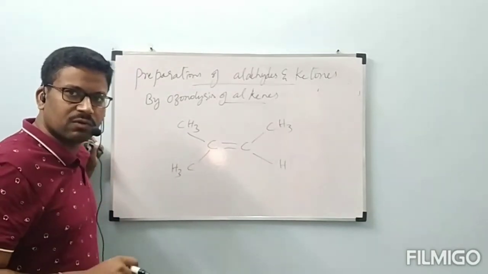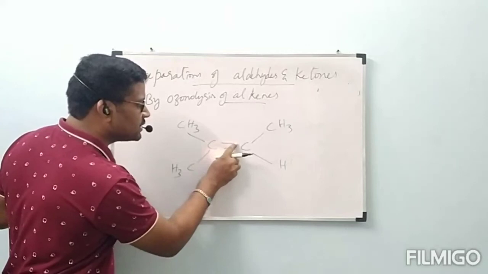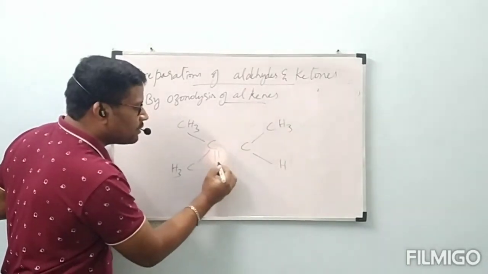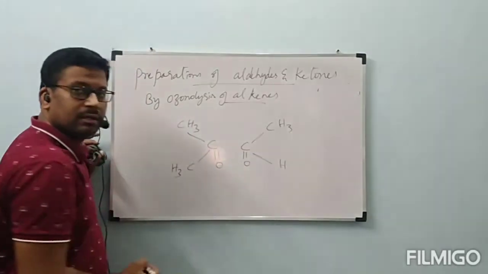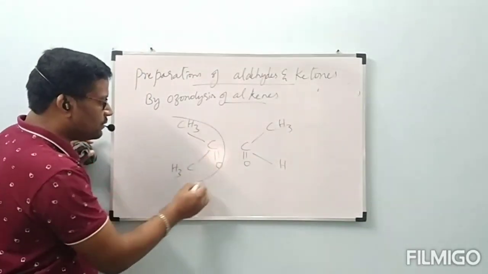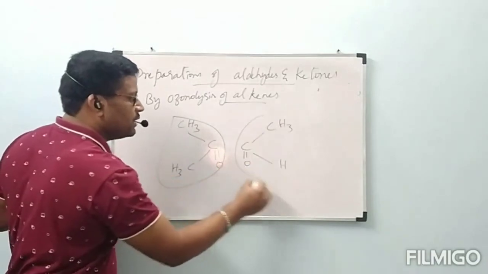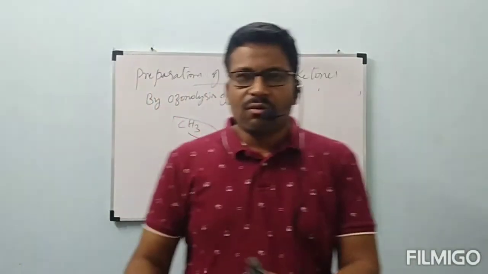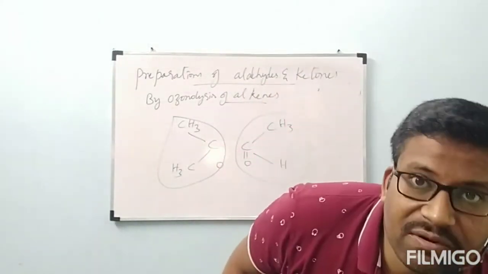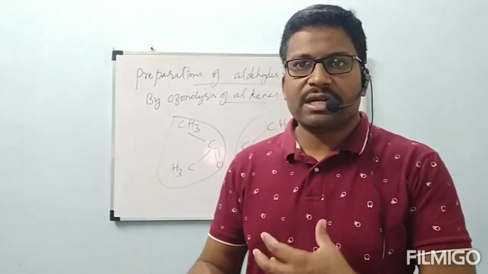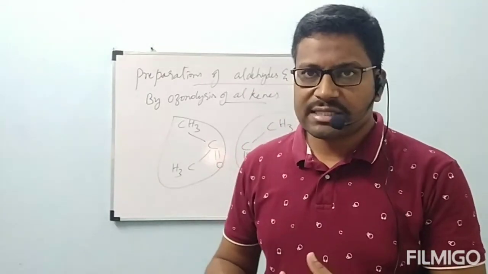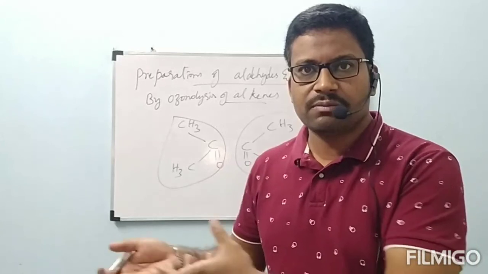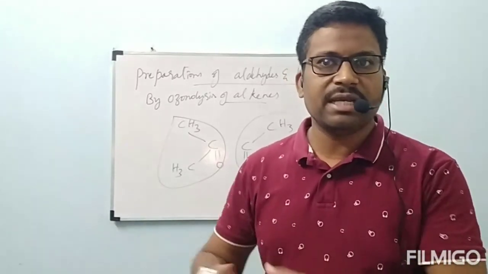If this undergoes ozonolysis, I simply erase the double bond and write C=O here and C=O here. We got a ketone and an aldehyde, a mixture of aldehyde and ketone. In this way, whatever the alkene might be, if it undergoes ozonolysis, we can write the aldehydes and ketones, a mixture of aldehydes or ketones, or both ketones. That depends on the alkene.